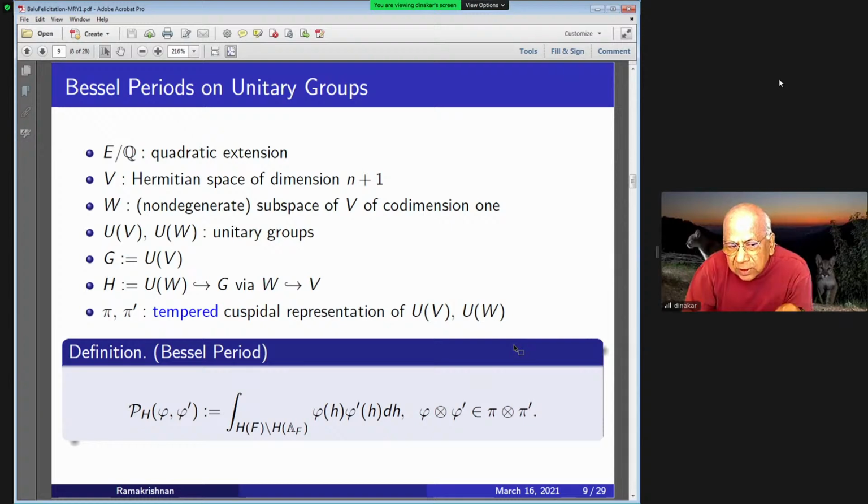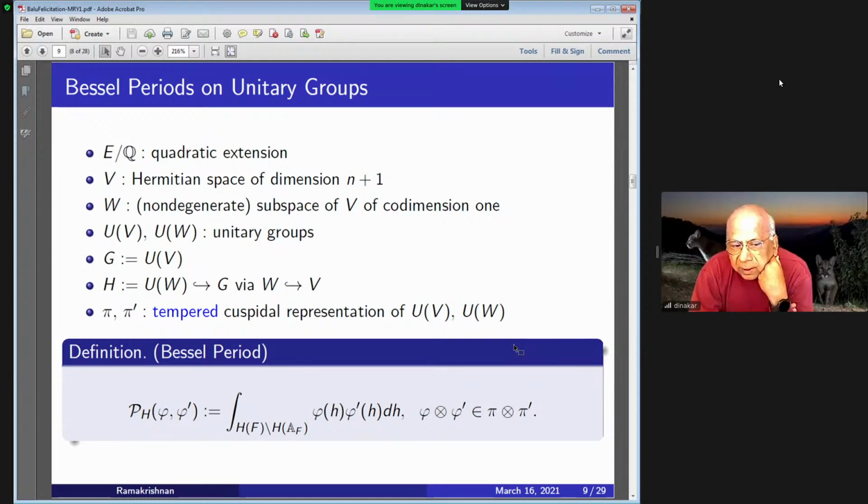The restriction of a cusp form to a subgroup is very complicated in general. It's not trivial. Or if you like geometrically, you take a function on the complex ball of dimension n plus one, and you're restricting it to a ball of dimension n sitting inside it. And then it can be really complicated. You could have Eisenstein series and all these things.